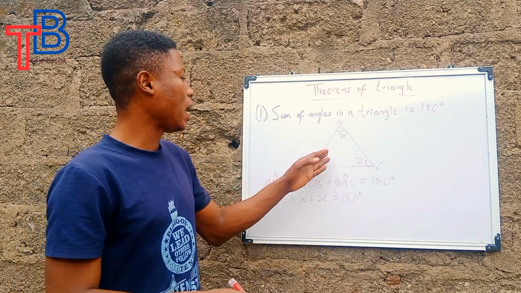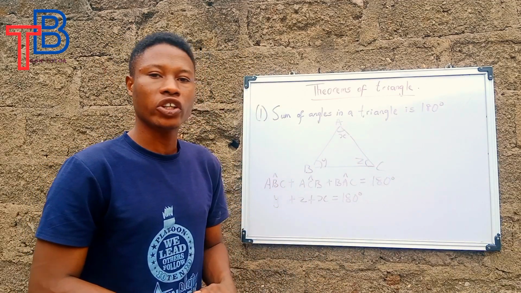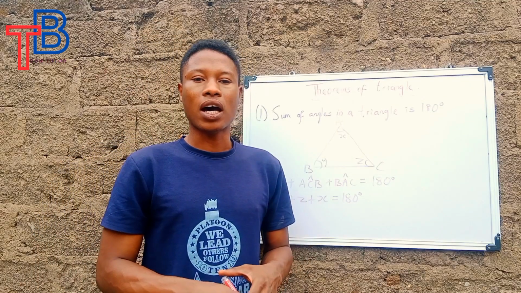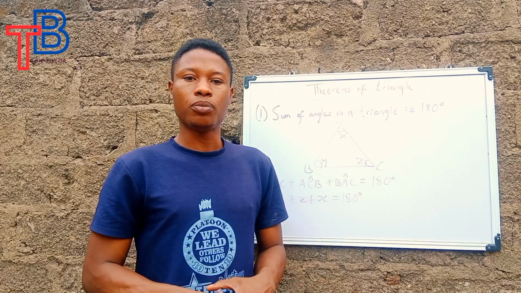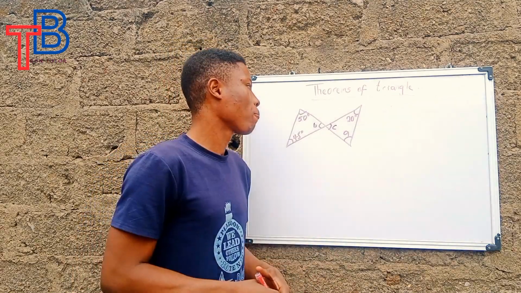That is, if you add all the angles in the triangle together, you are going to have 180 degrees. And let me bring some examples to illustrate this theorem.